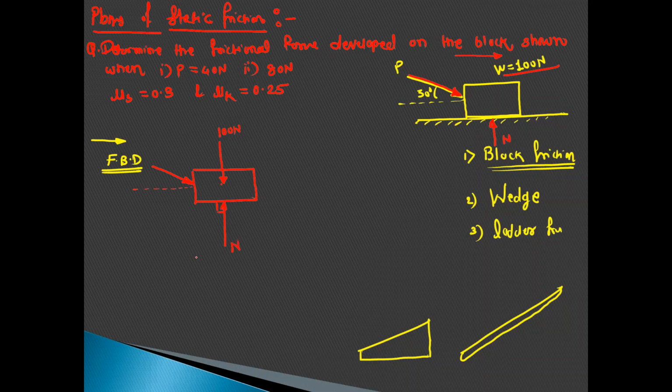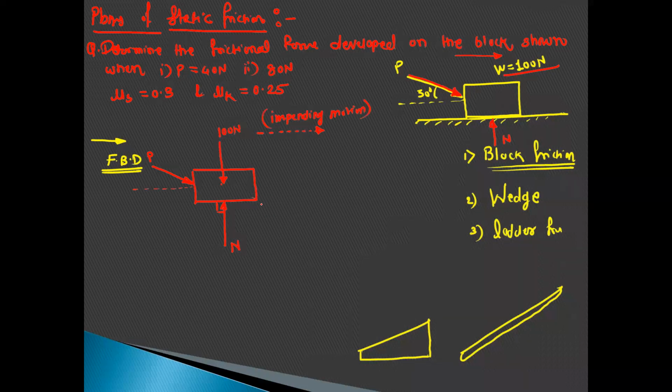So this is N. This is force P. Now because of force P, the object has a tendency to slide to the right side, so this direction is the direction of impending motion. The meaning of impending motion is that if there is a possibility of motion, then the object will slide to the right side.